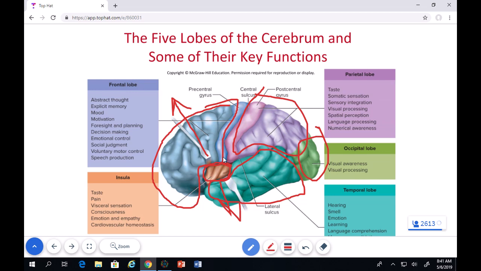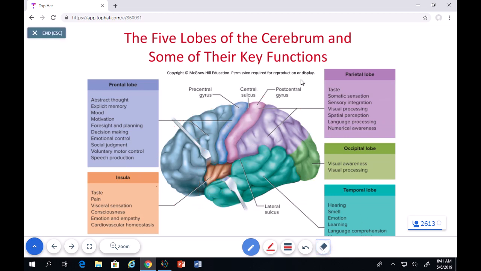As we're looking at these lobes of the brain, as neuroscience has advanced, we find that it's becoming increasingly complicated in that one lobe will have many, many different functions. We're going to talk about the few specific functions associated with each lobe, but while we're on this slide, let's talk about the central sulcus.